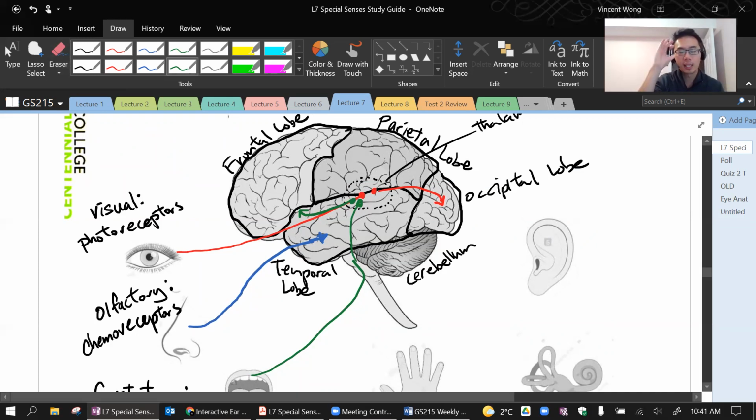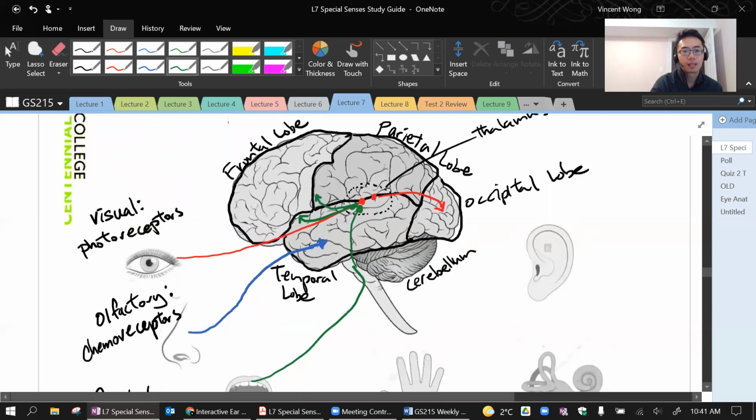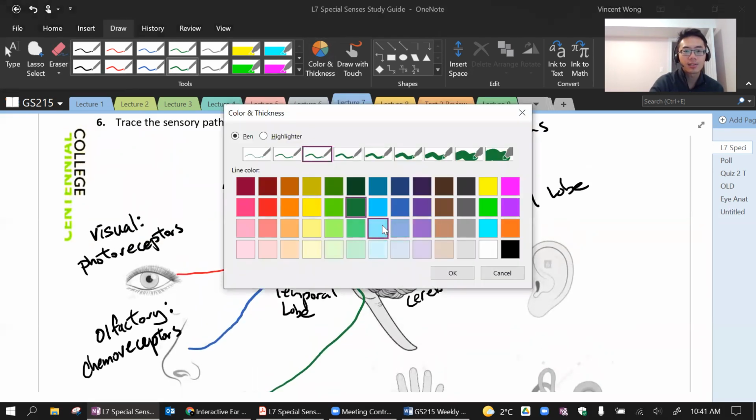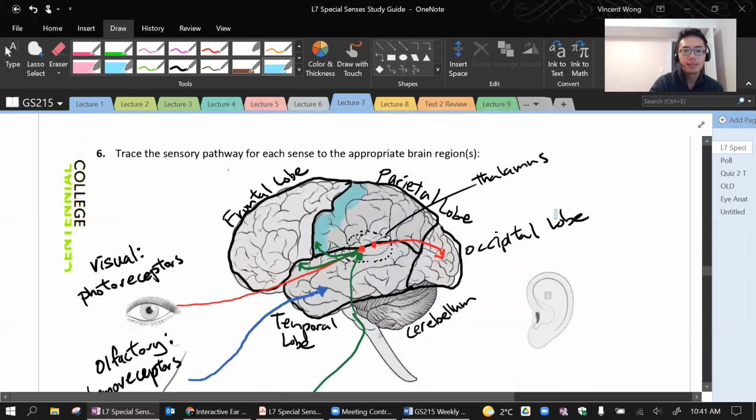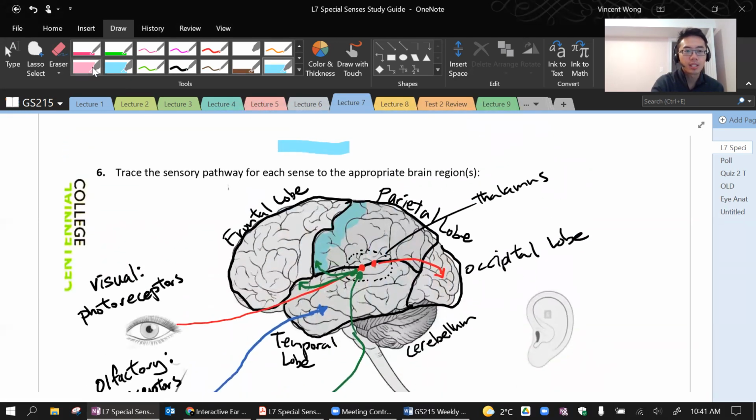All the other information related to temperature, pressure, texture, all that stuff, will actually go to the primary somatosensory cortex. I don't know if you remember from last class. This diagram is going to get really busy, but let me try to shade it out for you. This part of the brain, that is the primary somatosensory cortex.